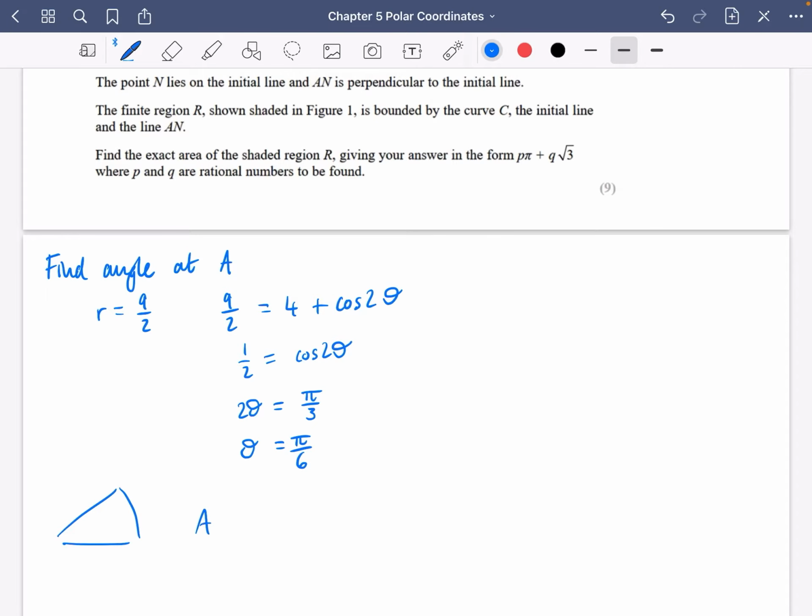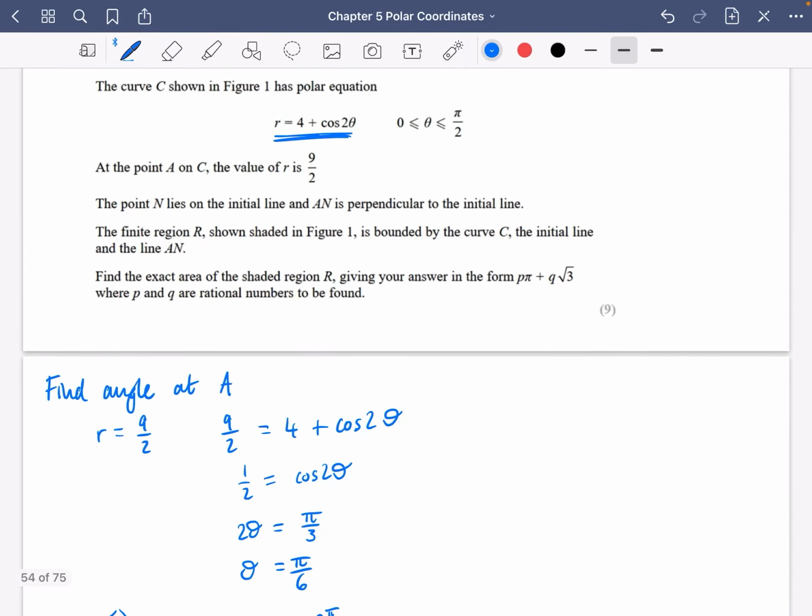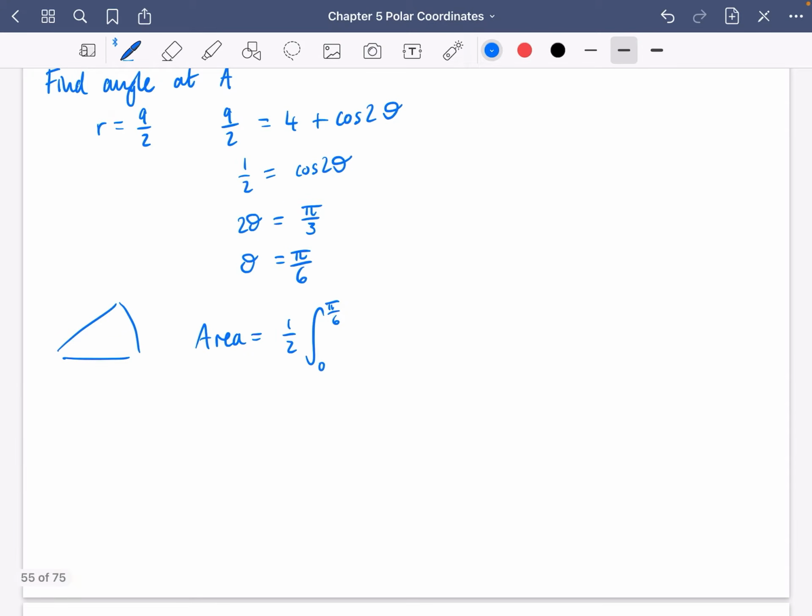So this area is going to be equal to a half r squared between 0 and pi over 6. And r is 4 plus cos 2 theta. So that's going to be 4 plus cos 2 theta all squared with respect to theta. Expand the brackets.